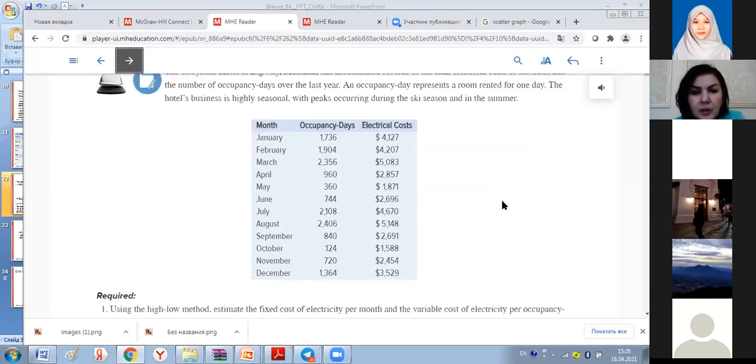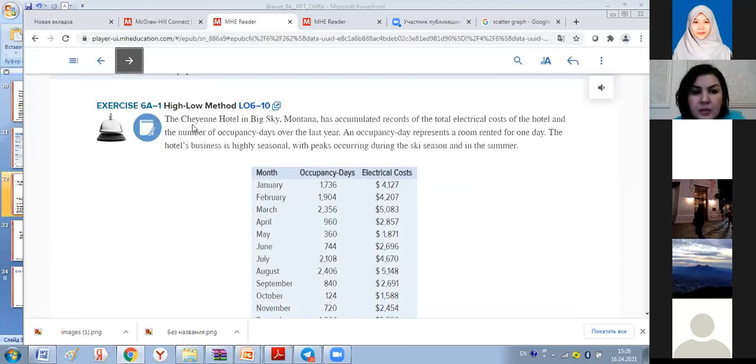Okay, so we have the chain hotel in Big Sky, Montana, which has accumulated records of the total electrical cost of the hotel and the number of occupancy days over the last year. An occupancy day represents a room rented for 1 day.